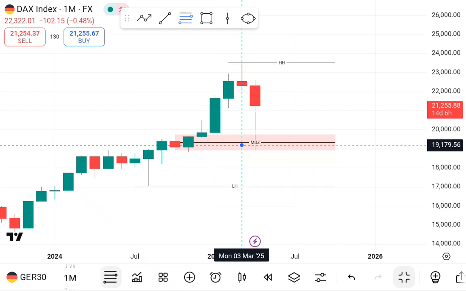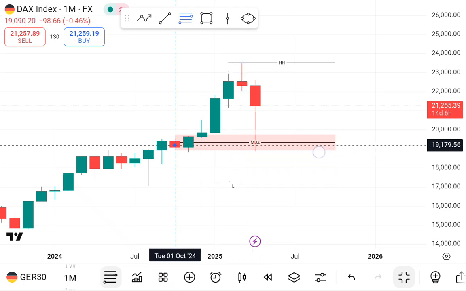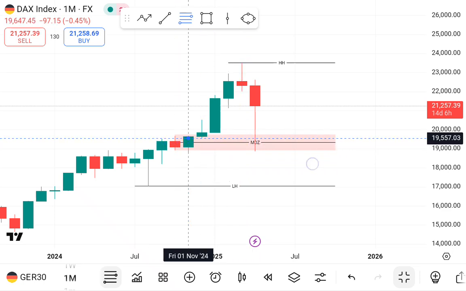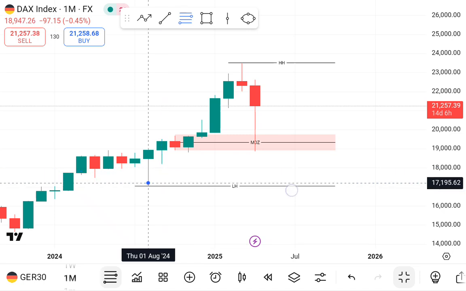It shows that buyers are still saying the same thing: when price reached this area, we once came to this conclusion, and we are still sticking to it, that we're still willing to push price to the upside. So that is basically what a supply and demand zone is. I don't know if I explained it better, but yeah.